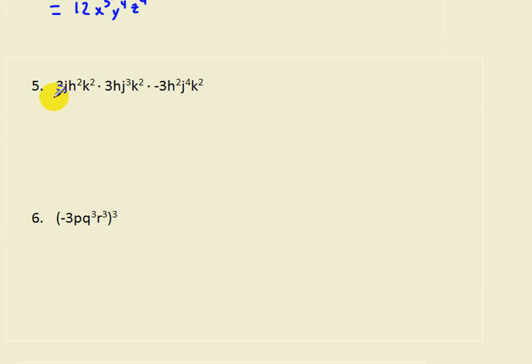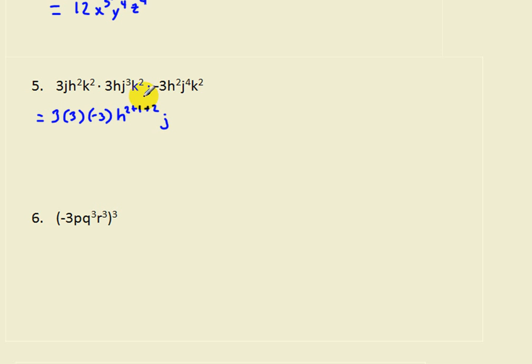Number 5, here we're multiplying 3 terms together. Work with the coefficients first, so we have 3 times 3 times negative 3. And now look at our variables, and again we typically put these in alphabetical order. So we have h, which shows up twice in the first term, once in the second term, and twice in our third term.